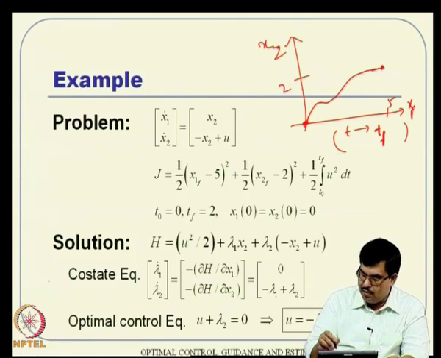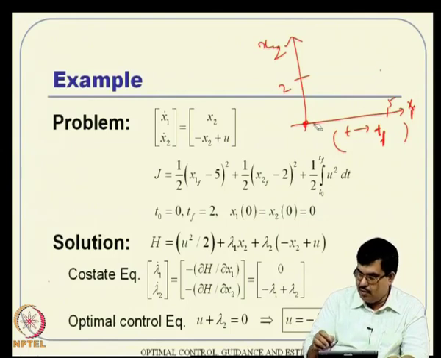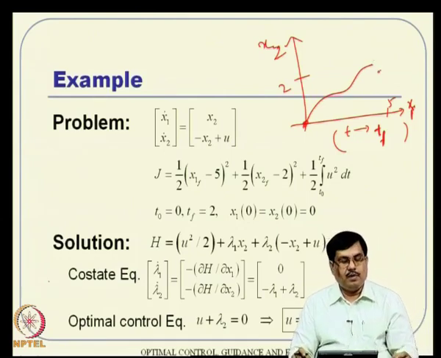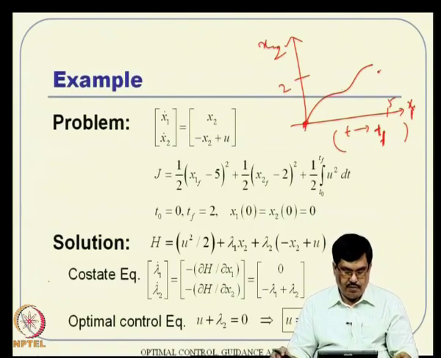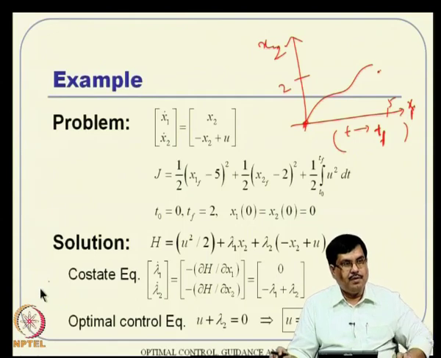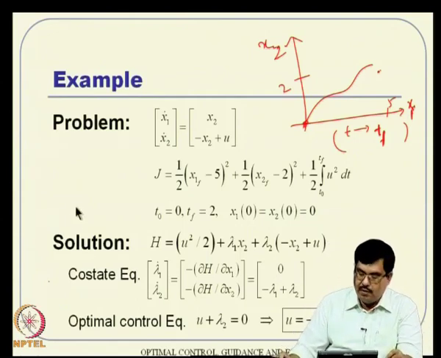This point it does not have to go there, but it has to remain close to that value. It need not go there per se, but it has to develop and stay somewhere close to that point. That is the whole idea. If it happens to exactly meet, we are lucky, but in general it does not, and we are not bothered about that.